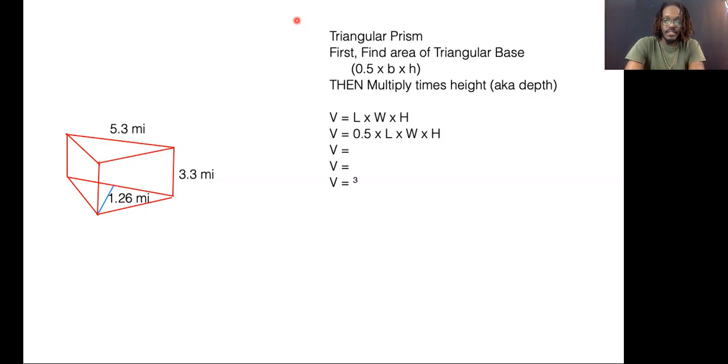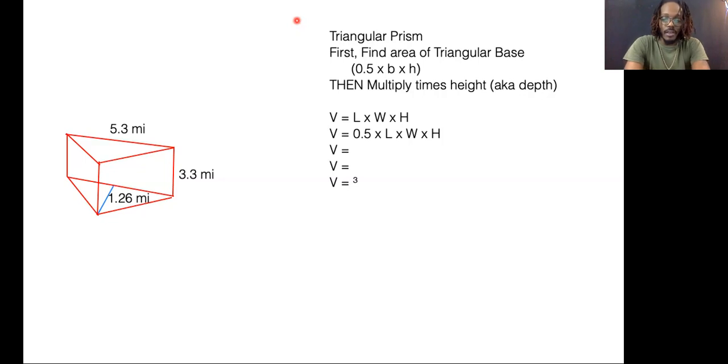Basically what this is, I'm going to put this in parentheses so you guys can see that I'm still finding the area of my triangular base first. Remember that to find the area of a triangle, it's 0.5 times base times height. All of that is in these first 4 multiplication steps, which is how I know that my answer is still going to be correct when I get to the other side.